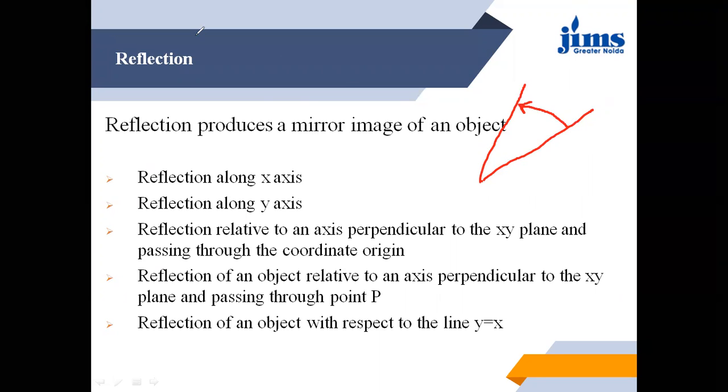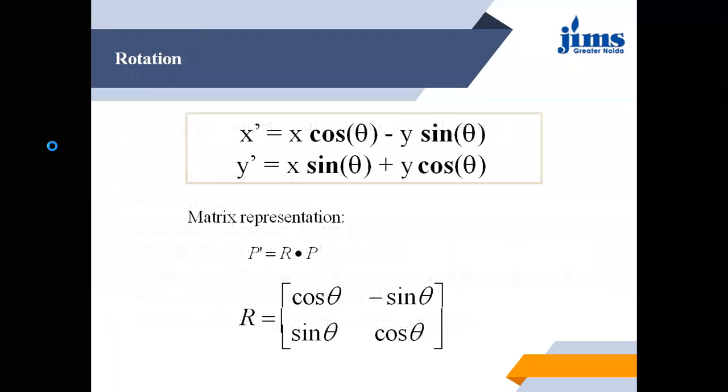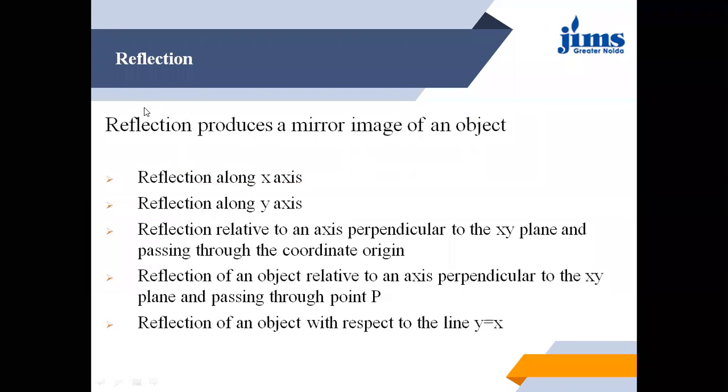Sorry, I'm extremely sorry. In the last part, our rotation is complete. Now we will start the next topic after rotation, that is reflection.